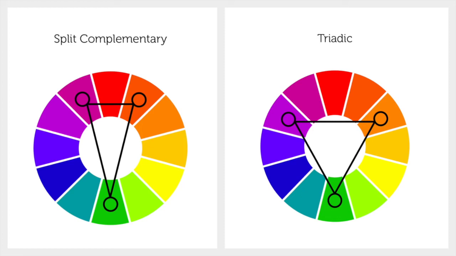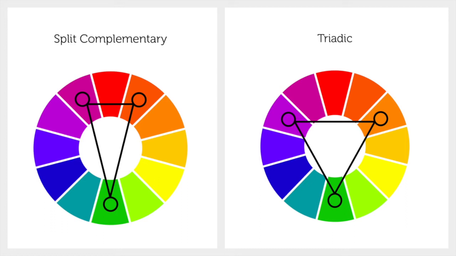That is one way you can go ahead and create a different color scheme, is by using that split complementary family. The other one is called triadic. It's when they have an equilateral triangle. So you have equal spacing between each point, creating a different color family as well.